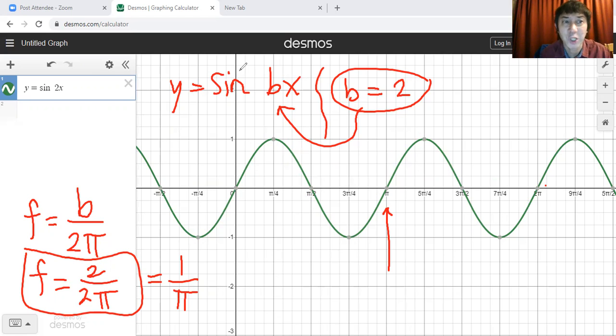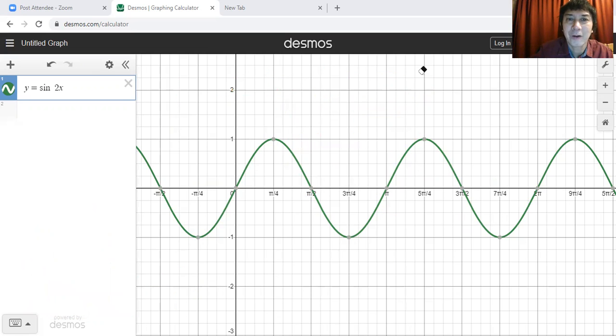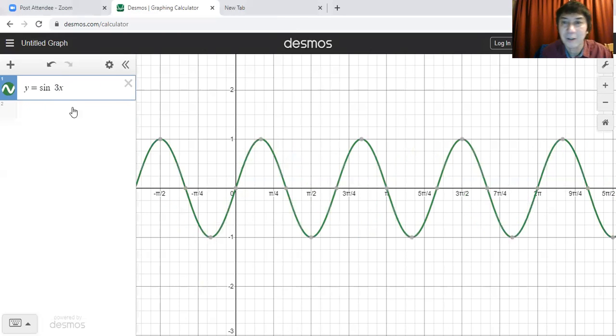Let's change that to say 3. So let's clear this, and then let's change our constant number coefficient for the x, say 3 there. We're going back to our formula, y is equal to sine bx.